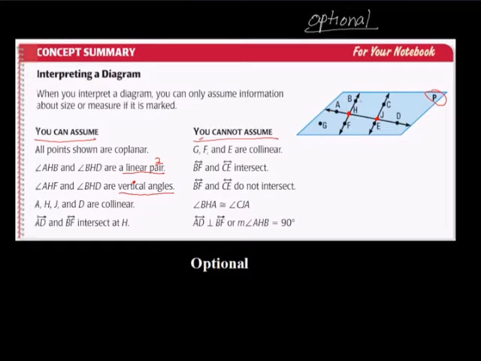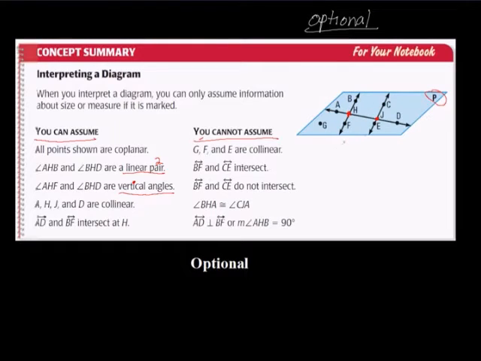BHA and CJA, you can't assume that these are the same angle measure. If I didn't tell you that these are congruent, then you can't say that they're congruent. This might be 58 and this might be 59. You don't know unless I tell you.